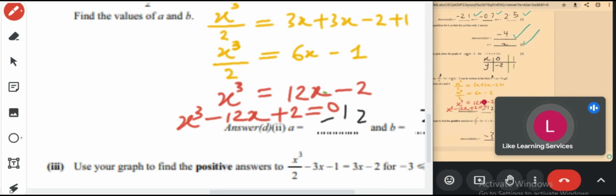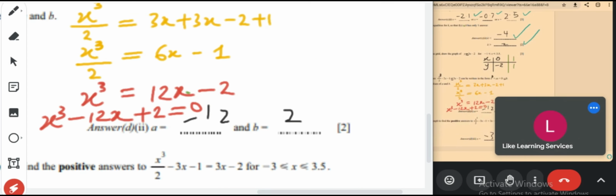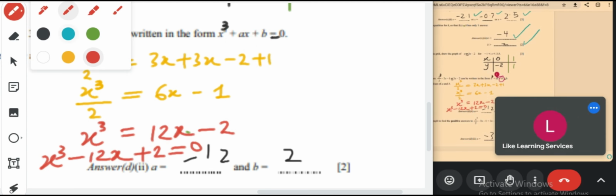Alright, so a is what? Minus 12. b is 2. That's correct. Just comparing. Okay, that's correct. a is minus 12, b is 2. Makes sense.